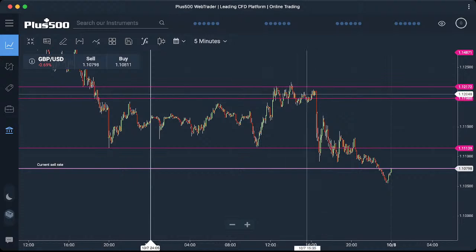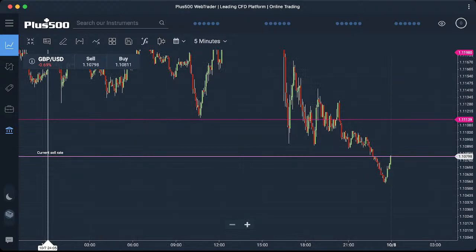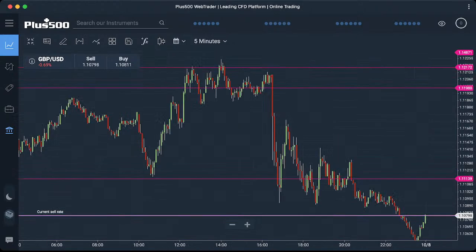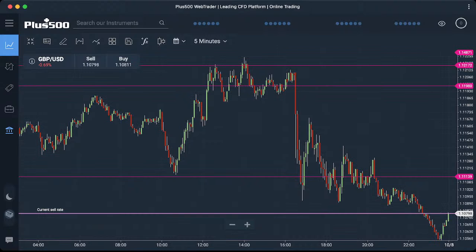after non-farm payroll news, price pushed to the downside and broke this low. So you could actually basically here, if I zoom in, show you what kind of trade setup you could take here.